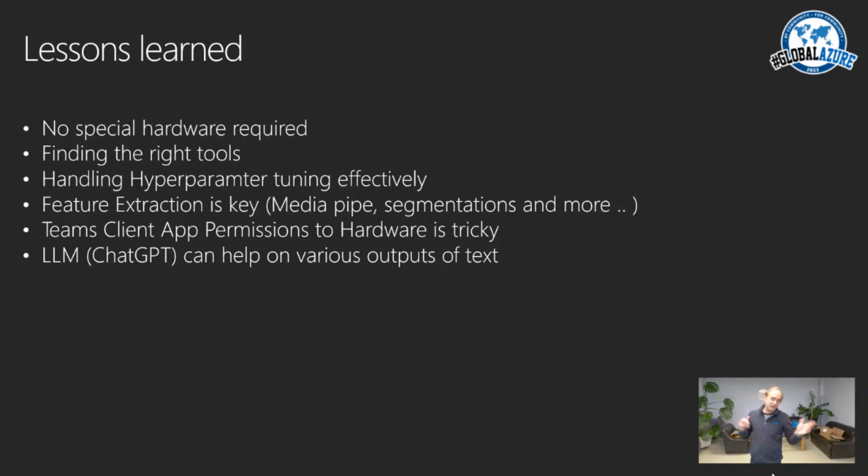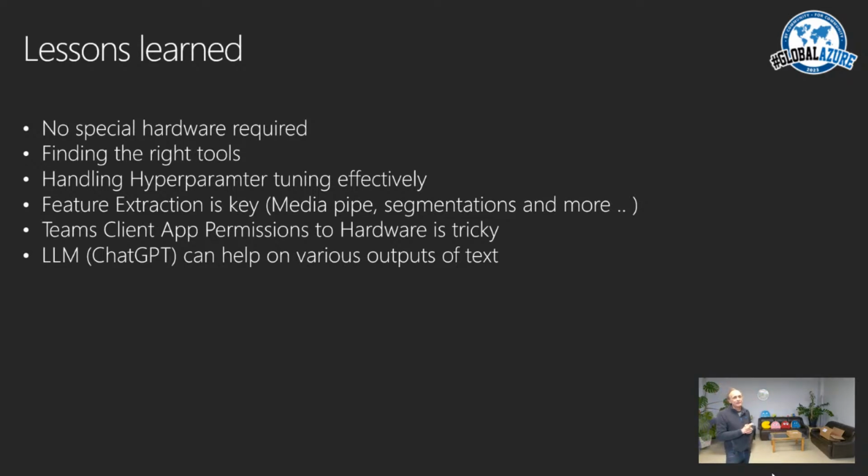This was something that we said, okay, we do not want to stick to a specific hardware, so we switched over to MediaPipe. Finding the right tools, this was really a challenge.